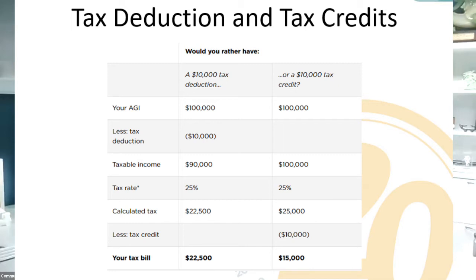Your tax bill is only $15,000. So now you go, oh yeah, that tax credit is really good. I want that. And there's a lot of tax credit available. That will be a great webinar I put on next time to summarize all the tax credits for people, okay? However, today, we're not talking about tax credits.